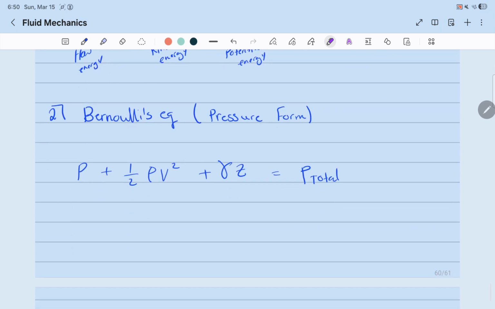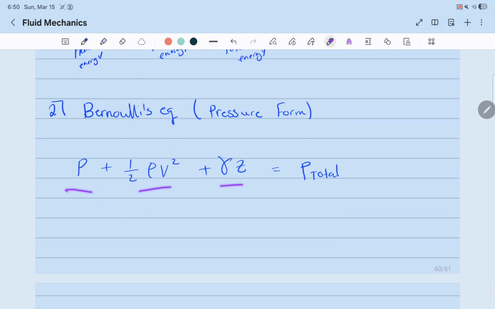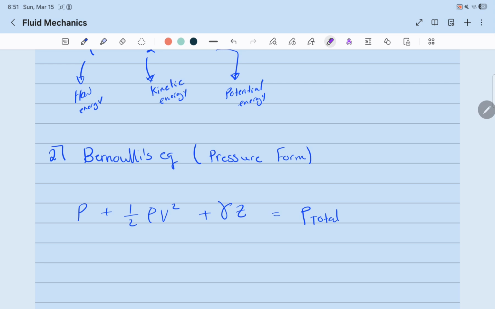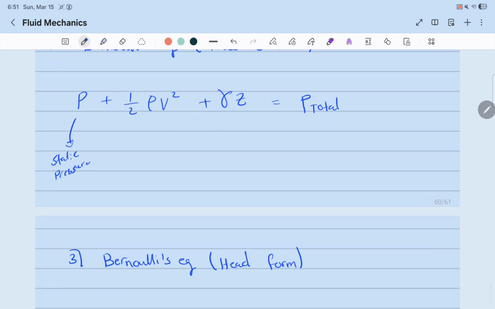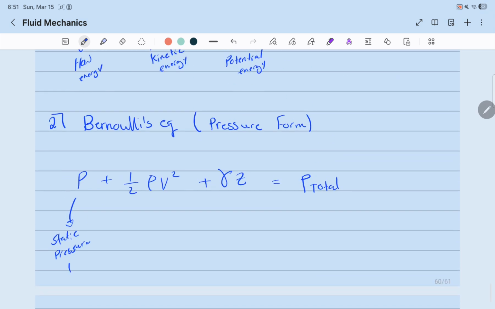Now, the total pressure is made out of three terms at each point. The first term is the static pressure, which, if you remember from the earlier chapters, was P equals gamma H. That's the static pressure when the fluid is not moving.